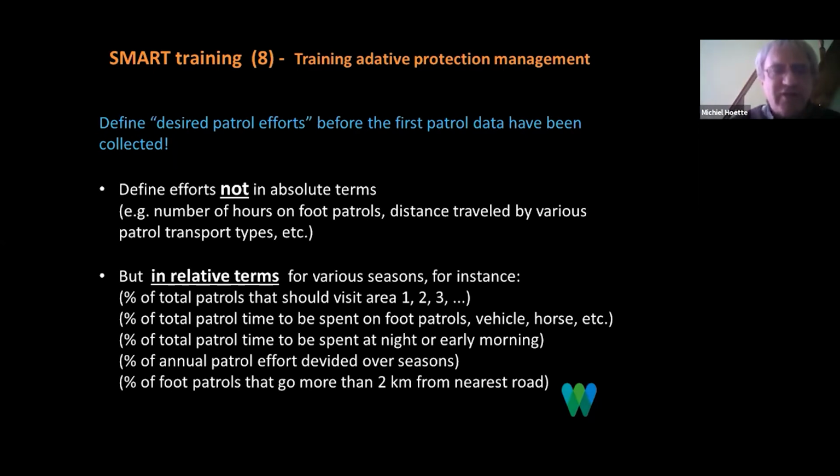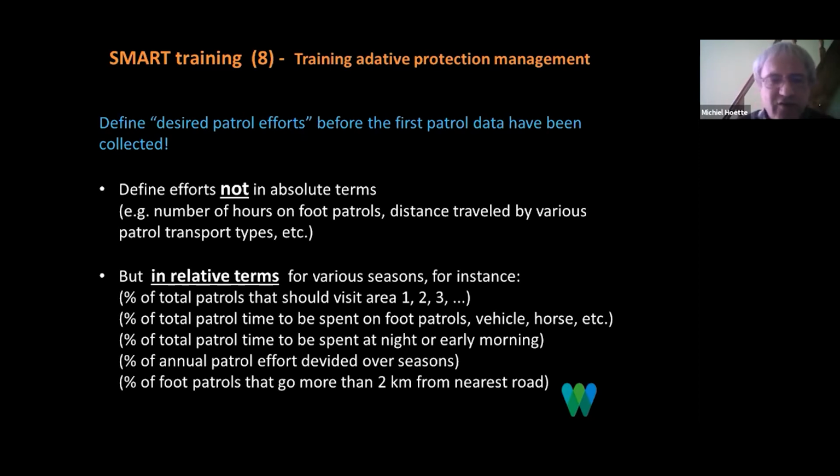What I suggest is not to define the patrol quality that you want to achieve in absolute terms, like the number of hours or the number of kilometers that will be traveled, but in relative terms, like what percentage of the patrol should visit the northern part, which percentage should visit the southern part, etc. How much of the total patrol time should teams spend on foot patrols, and how much on vehicle patrols, how much on horse patrols, etc.